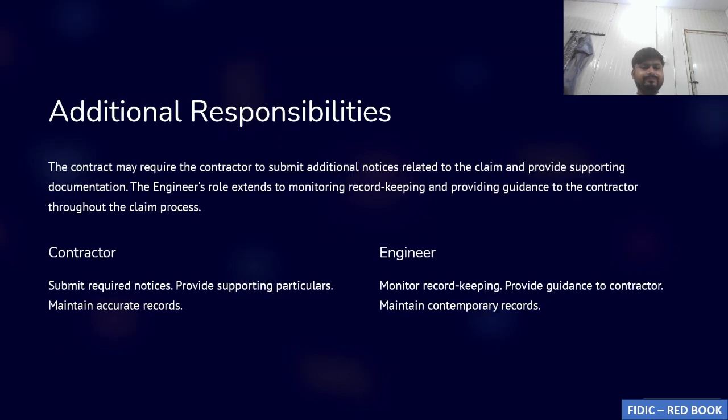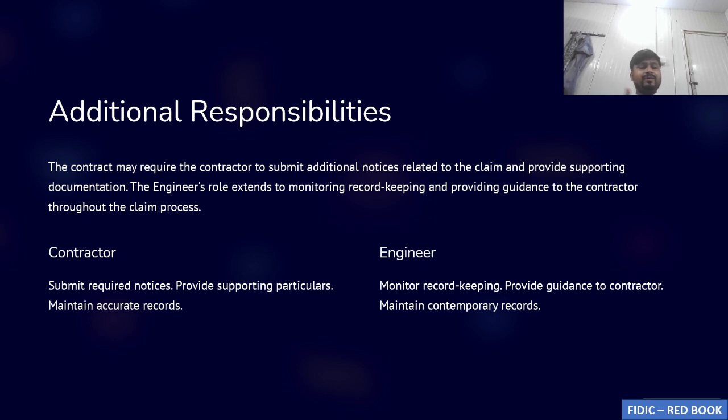All right, what are the additional responsibilities? The employer's additional responsibility is to inform his engineers that whatever hindrances are occurring at the site level, they have to record them and cross verify them at the site level, so that any claim that comes from the contractor side in future can be validated with that record.